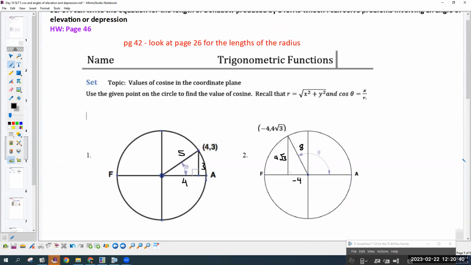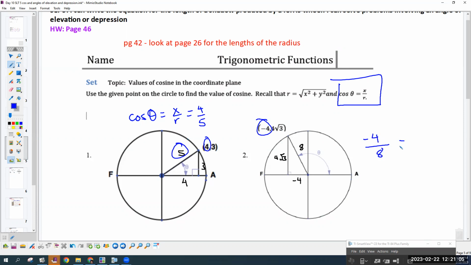So now we're being asked to, given the point on the circle, find the value of cosine. And to recall that cosine is x over r. So for number 1, when I do the cosine of theta, I need x over r, x is 4, and r is 5. Number 2, x is -4, r is 8.